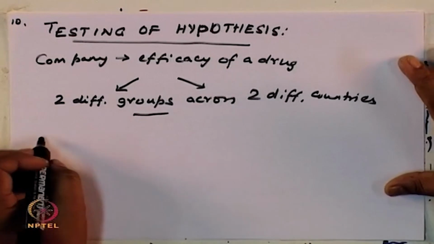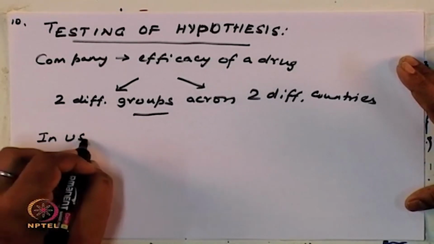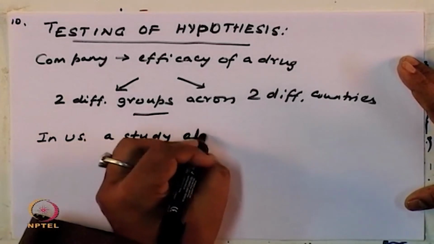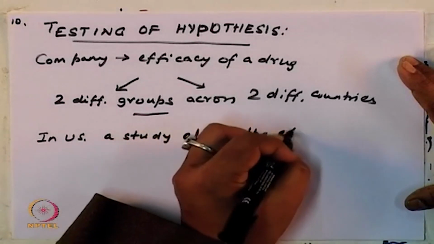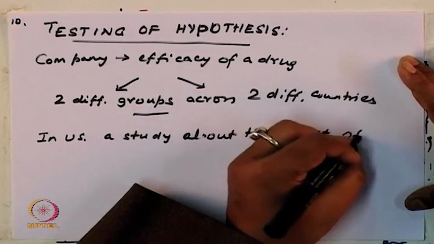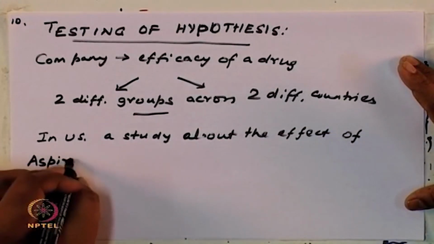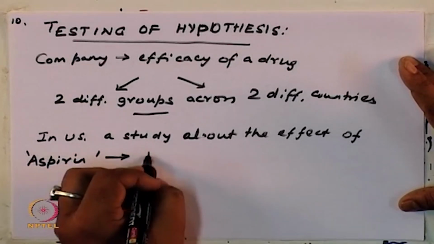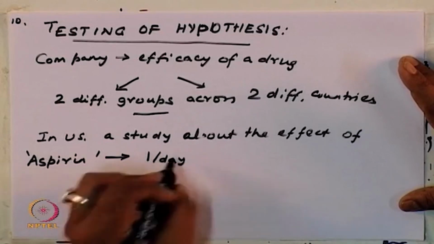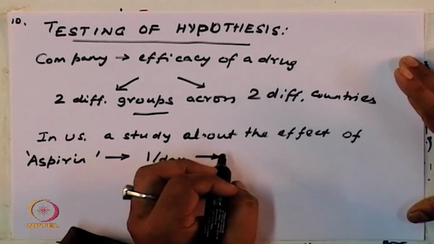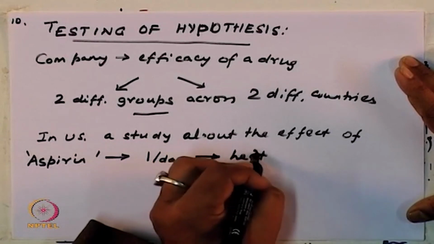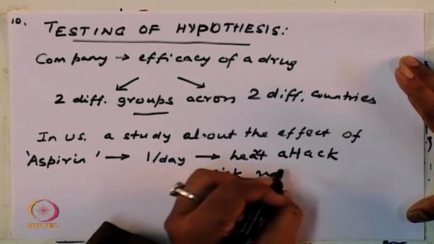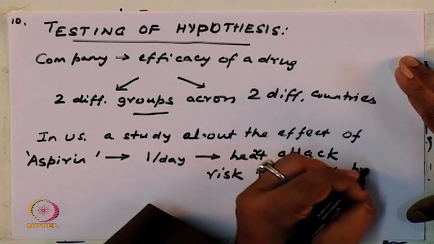As an example, in the US, a study about the effect of the drug called aspirin concluded that if a patient was taking 1 pill per day, this leads to a reduction of heart attack risk, reduced by half.